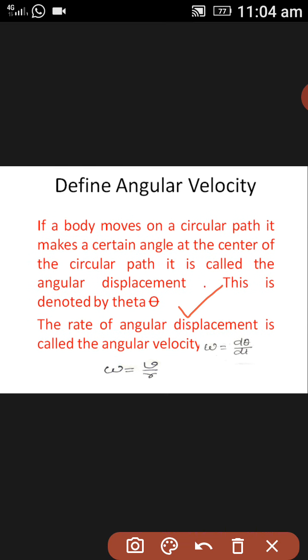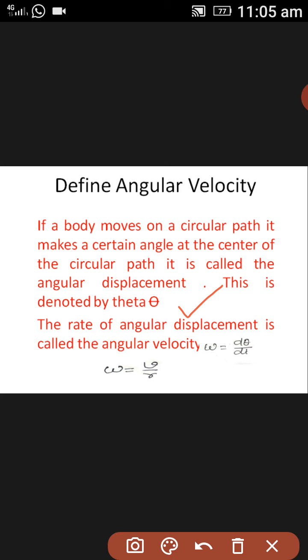What is the displacement? In linear motion, when we change the place, changes the point with respect to time in a certain frame, then we say displacement takes place.